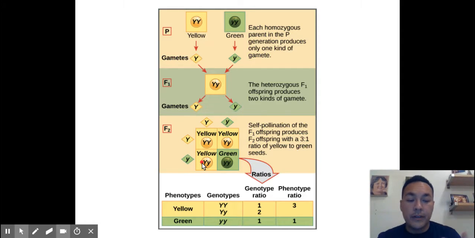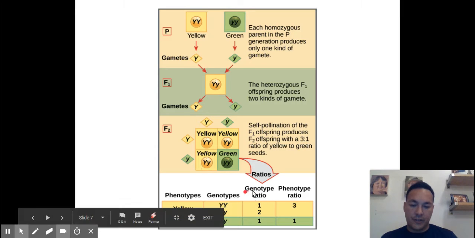We usually put the big letter first because it's easier for our human eyes. So big Y, and little y, little y. If they were to ask you genotypic and phenotypic ratios, I just remember genotype stands for the letters, the gene. So we would have a 1 to 2 to 1 ratio. I didn't do that in class, so I definitely won't do that on your quiz too much.